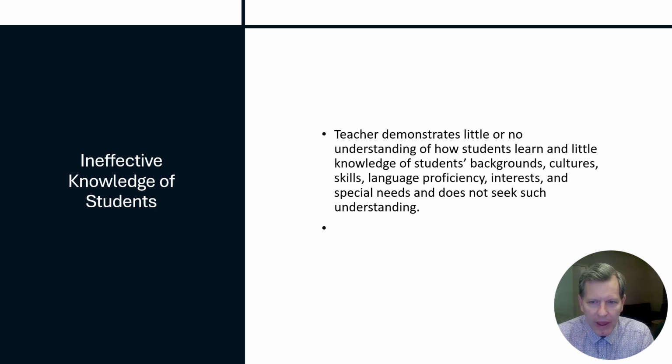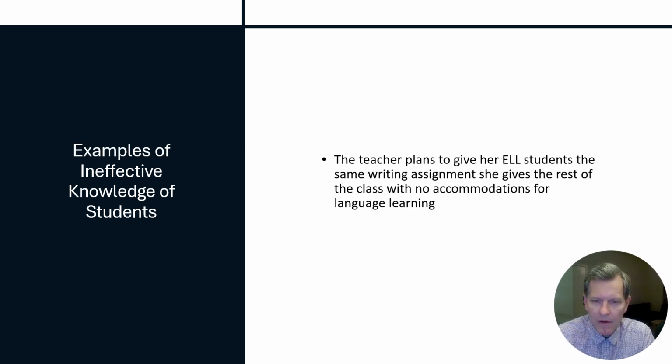And they also have very little knowledge, if any, about the background knowledge that students possess, or the cultural backgrounds of students, or their home lives, or what their needs are in terms of linguistic diversity or special needs. And they show very little, if any, interest in gaining that type of knowledge. For example, ineffective teachers will not make accommodations or differentiate instruction for English language learners.